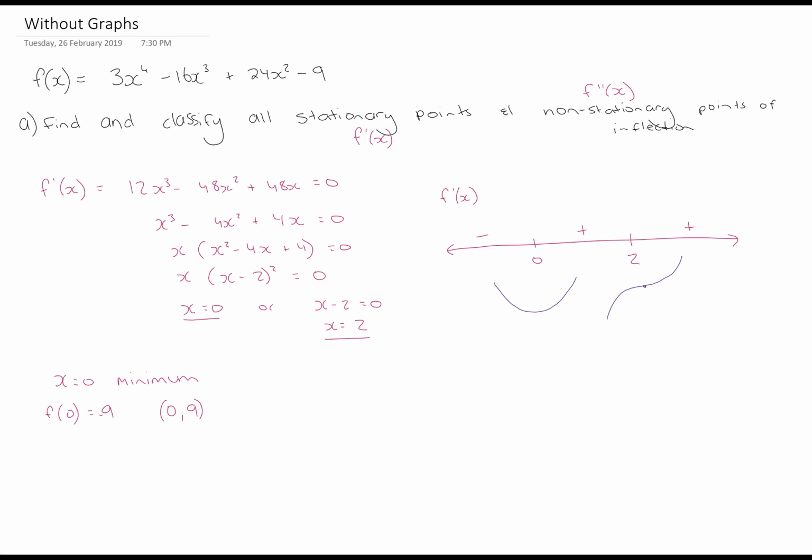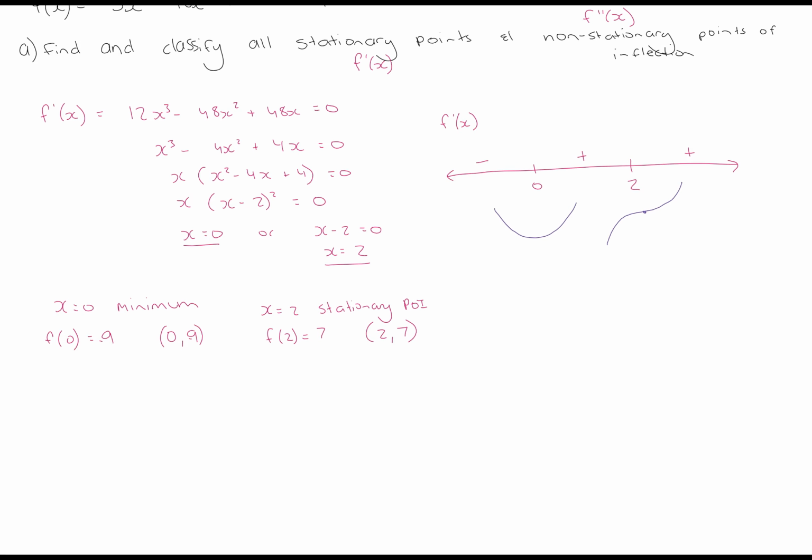Oops, sorry, negative 9. We can also find out that at x equals 2, which is our stationary point of inflection, f of 2 equals 7, so that point is at 2, 7. Okay, so we're starting to gather what our graph looks like.